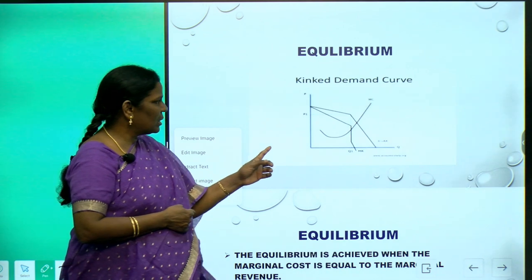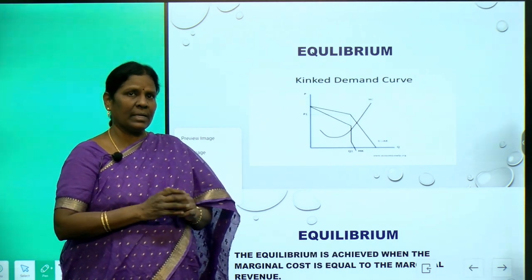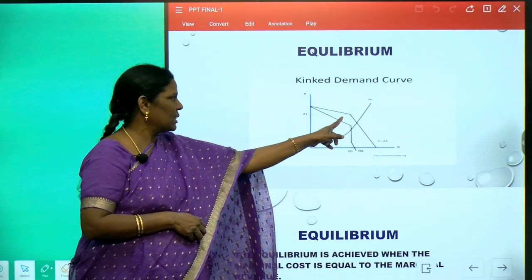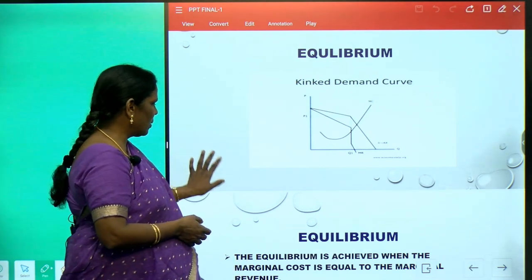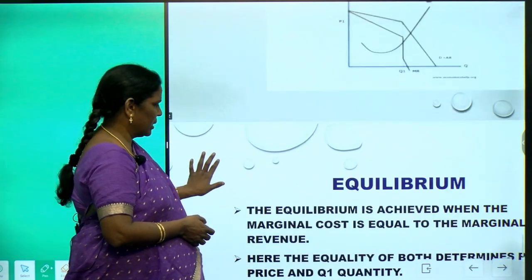When the MC curve and MR curve intersect, at that point the output level is fixed and the price is determined. This is about the equilibrium of the firm under the oligopoly market.